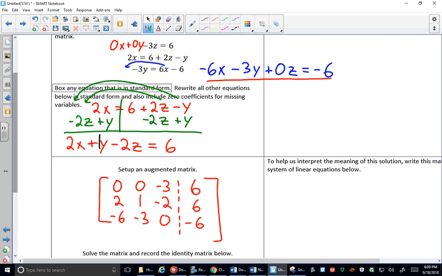Now, let's say that you wanted to see it worked out by hand. Well, I'll do just that. So, negative 3y equals 6x minus 6. We break it in half, and we want to move the 6x to the other side, so we take it away.